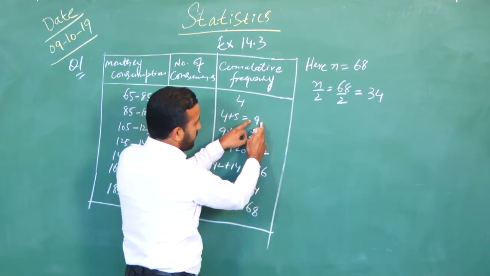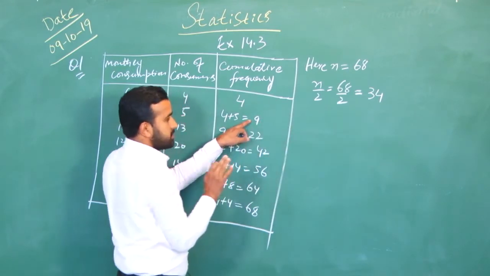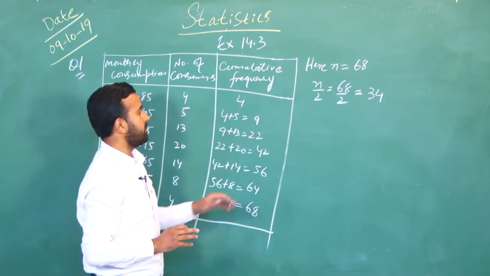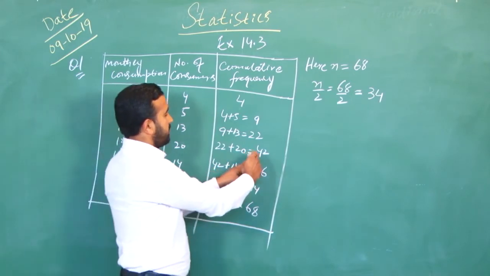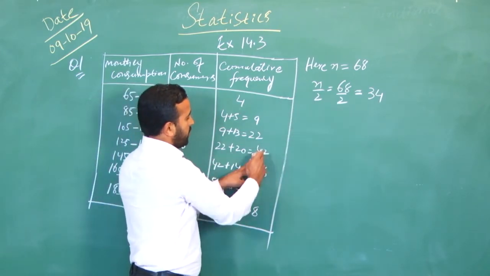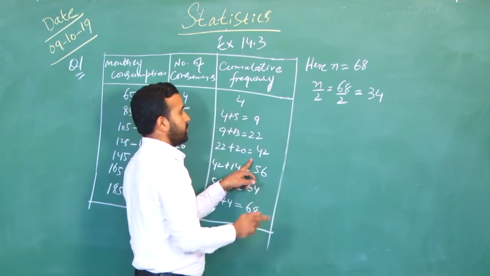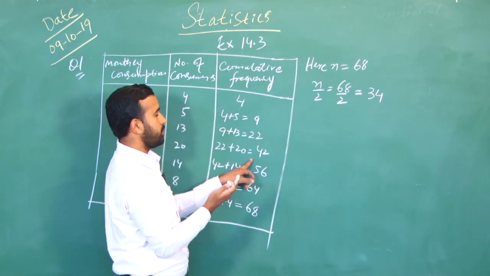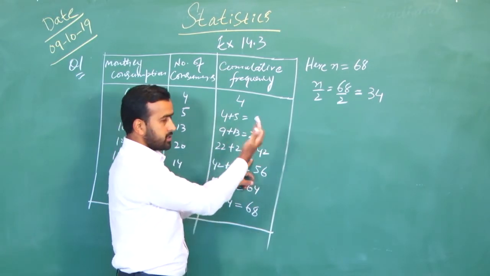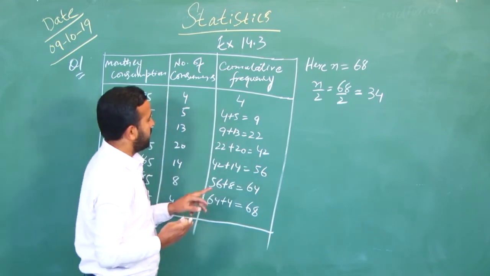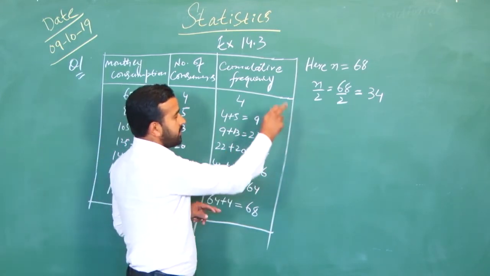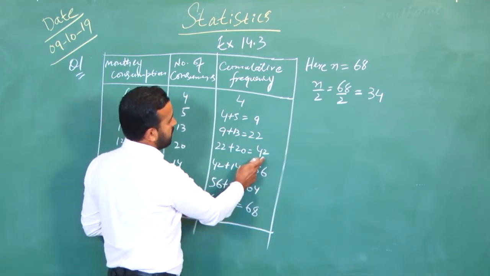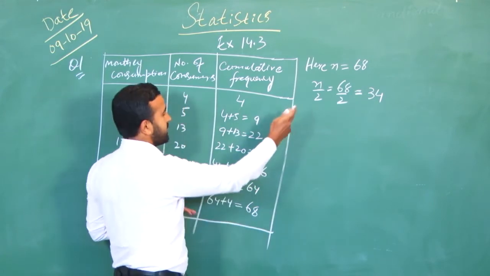If we check the next, 9, it still doesn't come under 9. It doesn't come under 22 because it is more than 22. Then if we check 42, 34 comes under 42. So the value just greater than 34 is 42.